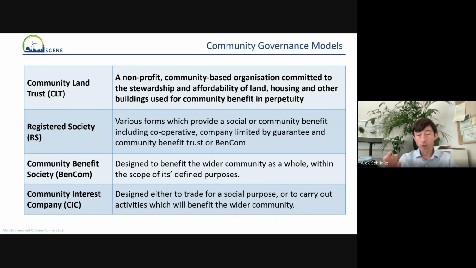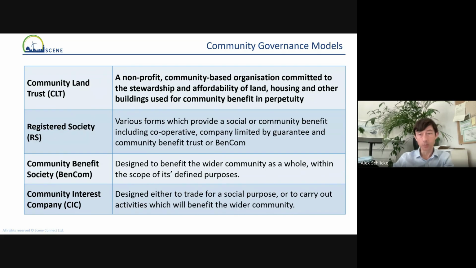There are co-operatives, so registered societies, which have specific requirements. For example, a co-op is expected to actually trade with its members, so it's not necessarily an appropriate vehicle for something like just developing a solar farm where the energy might be sold to the grid or to a particular off-taker.